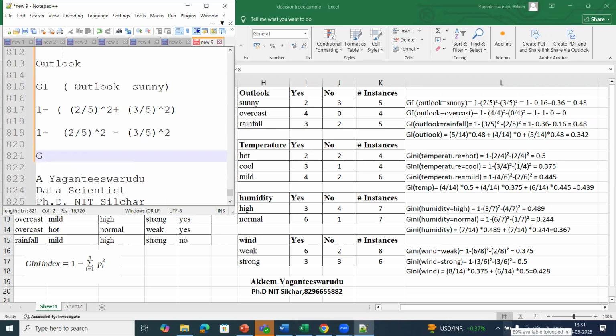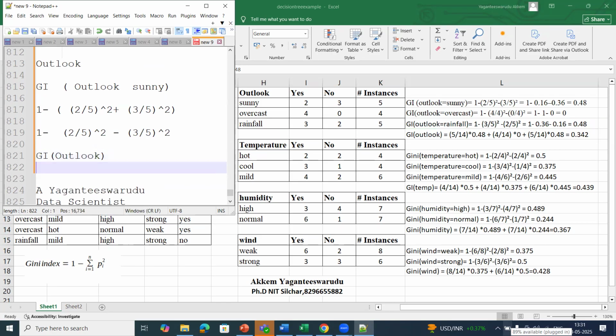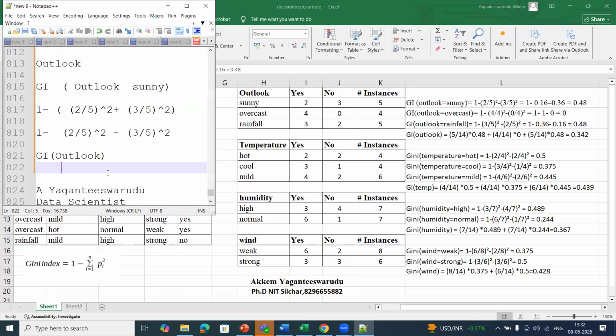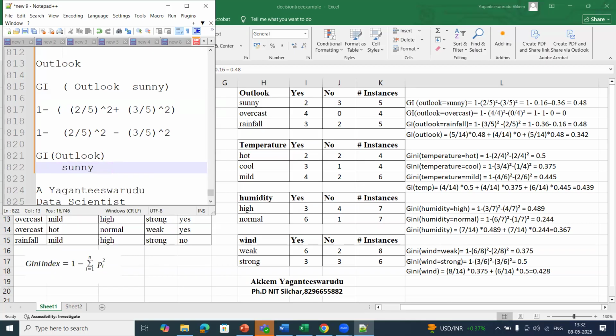So the Gini index for the complete outlook. Previously I calculated the Gini index for each input value. Now, to calculate the complete combined Gini index for outlook, see how many records have outlook equal to sunny. Sunny has 5 records, overcast 4 records, and rainfall 5 records.